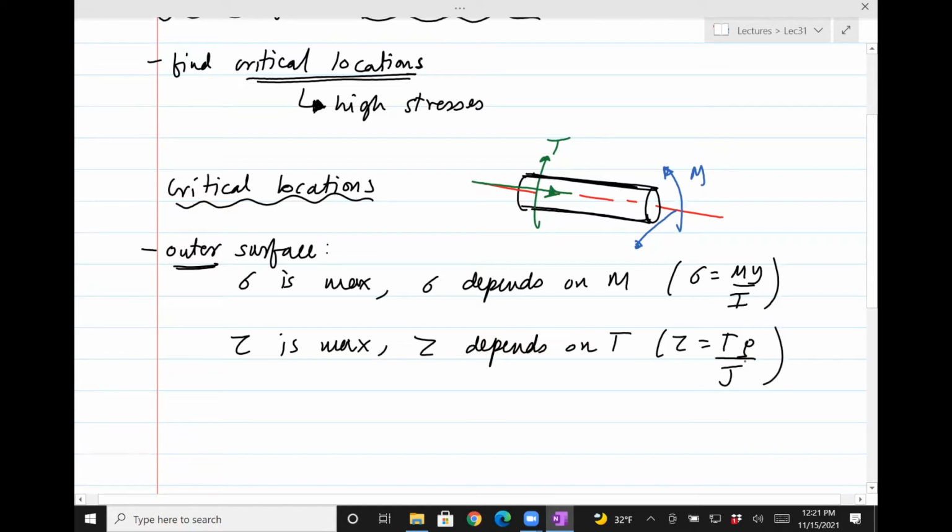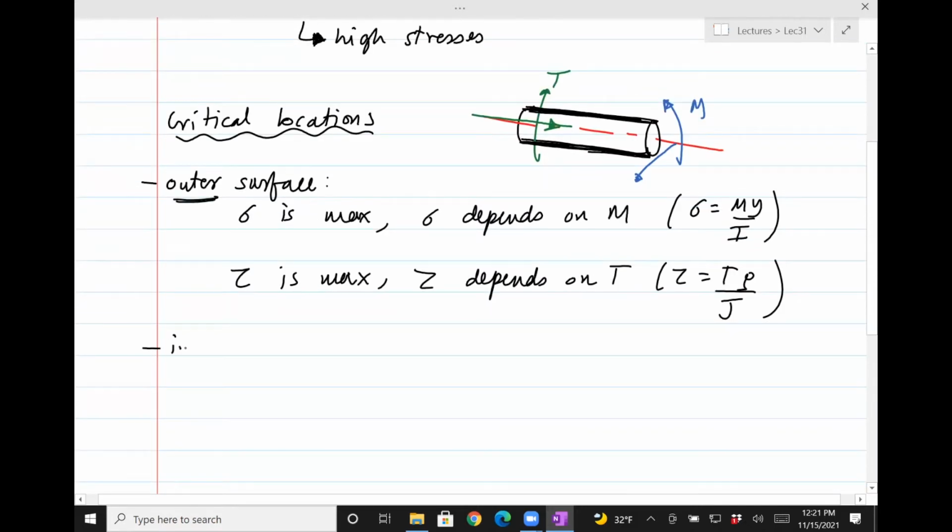Now, this is a mistake which almost everybody made in their second exam: they did not really understand where exactly the maximum shear stress acts. It's always on the outer surface. The other critical points are on the inner surface, and that is due to a shear force.